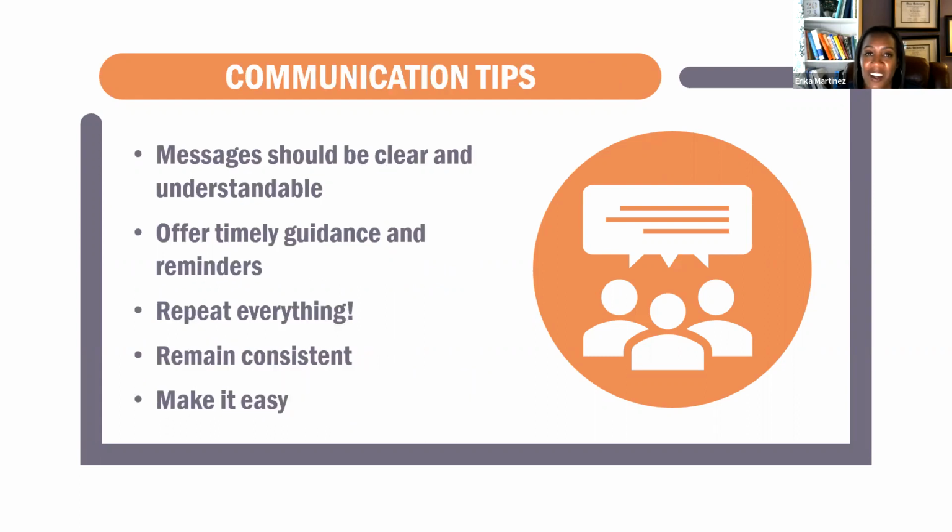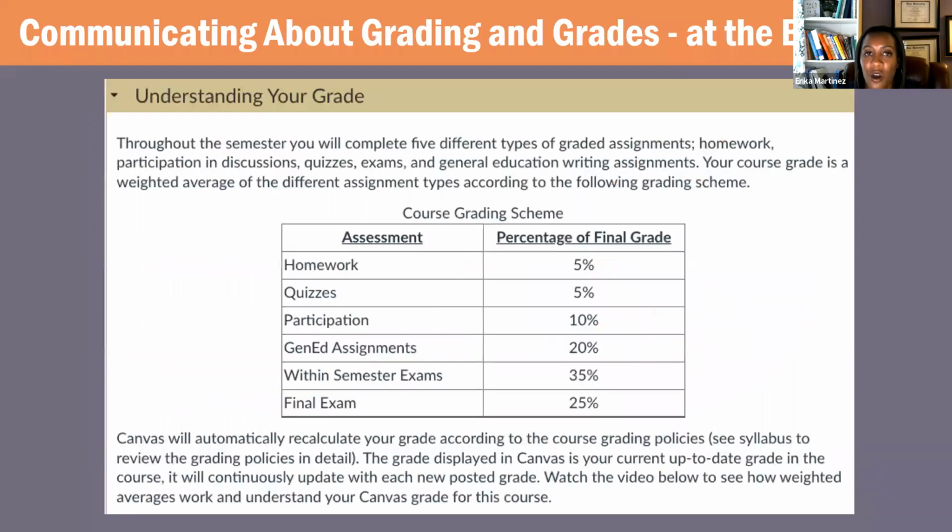Some quick tips I can offer are to make messages clear and easy to understand, offer timely guidance and reminders throughout the semester, repeat everything in multiple places through multiple mediums, and remain consistent, and also make it easy for them to access the information they need. Drop a link in the email which directs them to where you also have the information posted in the LMS, for example.